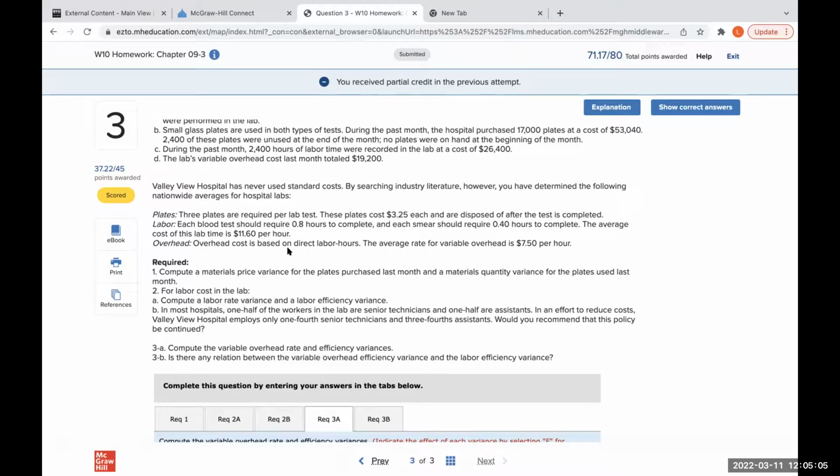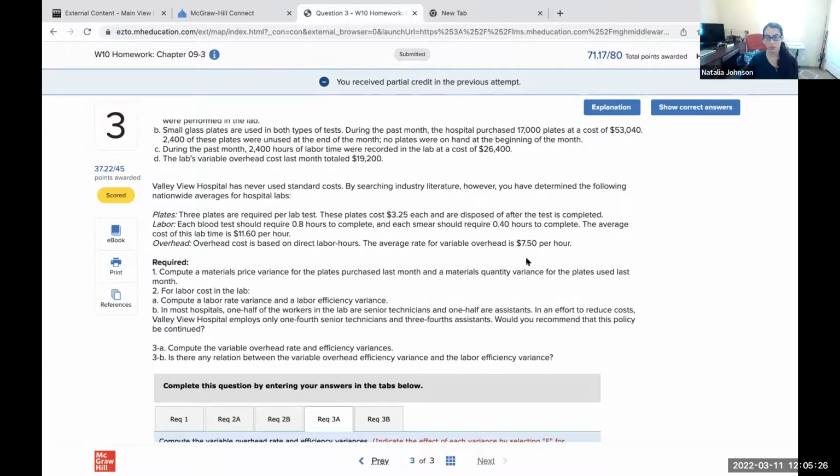But then down here they said that the average cost is 1160, and then again here they said another price for the hours. Yeah, so you have to see which ones are for direct labor and which ones are for variable overhead.